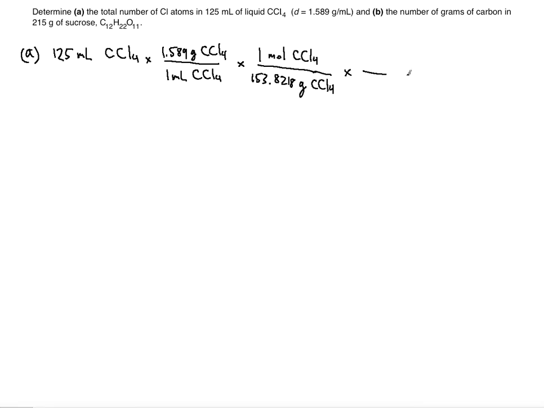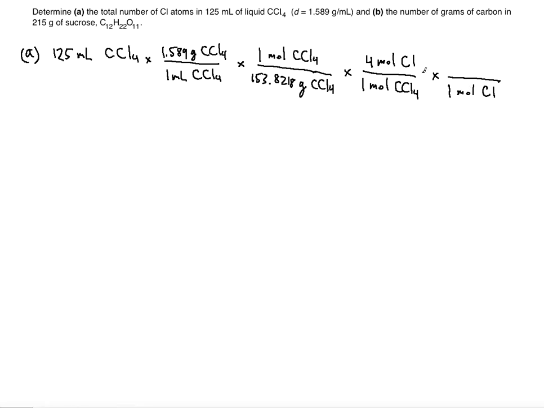Now we know that in each mole of CCl4 we will have 4 moles of chlorine, right, using the subscript here. And now finally we'll make the conversion between moles and atoms.